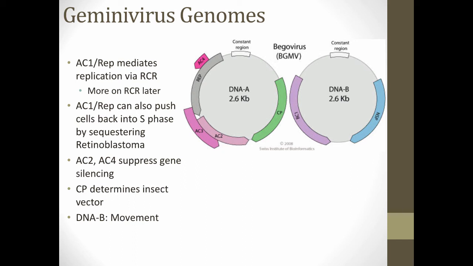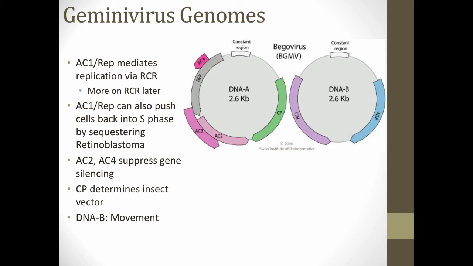On DNA B, you have open reading frames and proteins involved in movement within one given plant. Because plant cells are connected by junctions called plasmodesmata, viruses within a plant can move without the need for this capsid protein.